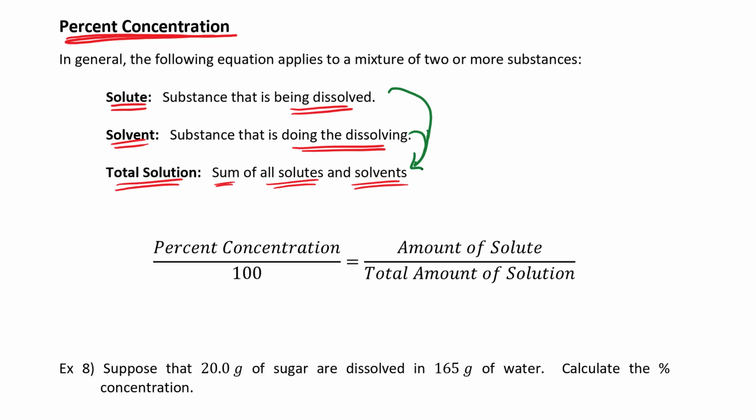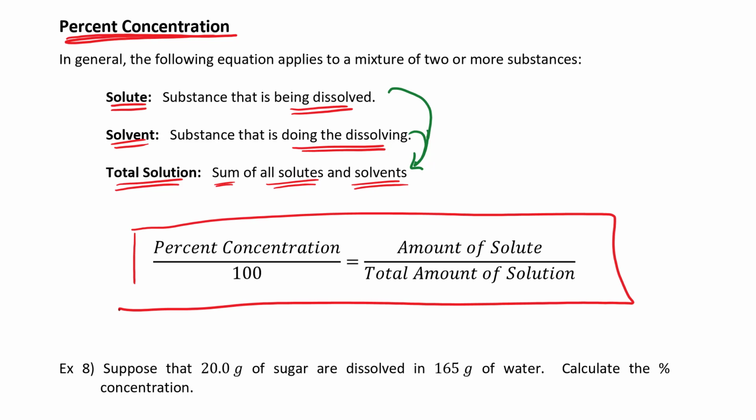This concept is very important. Notice the proportionality statement, 4% concentration. We have percent concentration, that's percent, so it's per 100. We have the amount of solute on the top, and on the bottom, what do we have? The amount of total solution on the bottom.